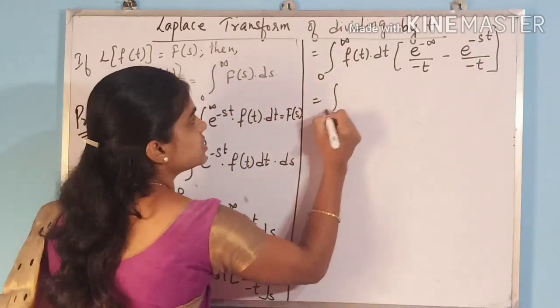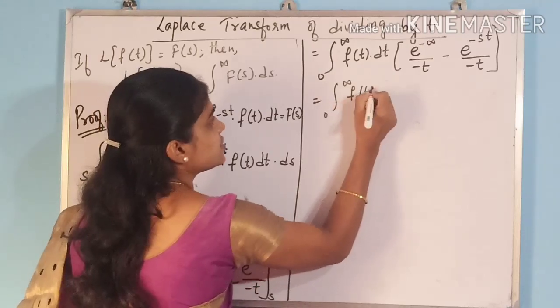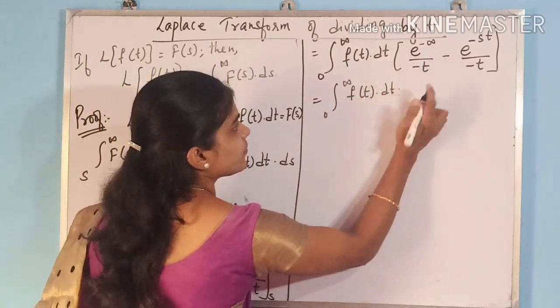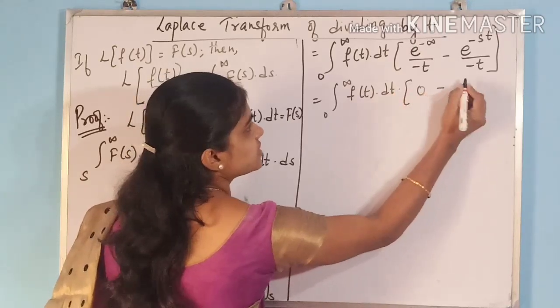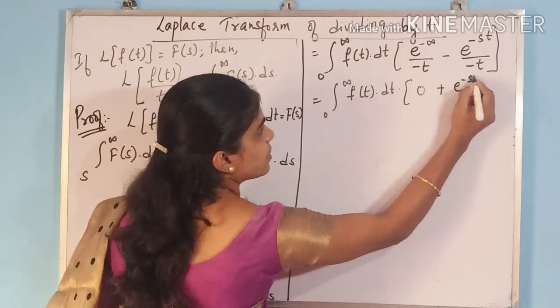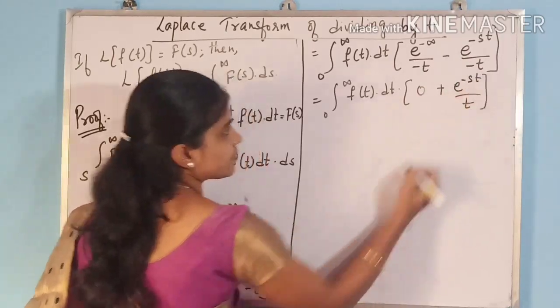So this is integral 0 to infinity f of t dt into, this is 0, this is 0, and minus of minus is plus, and e raised to minus st by t.